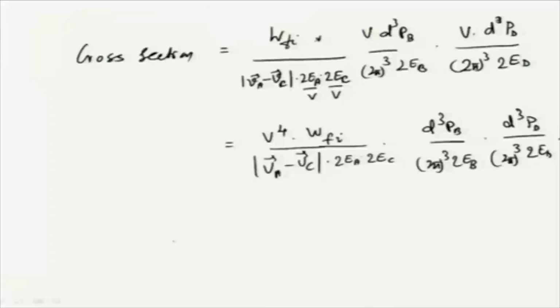Cross section can be written in terms of the transition rate, the flux and the transition rate WFI, the initial flux times the initial target density, and the final state phase space available in this fashion.